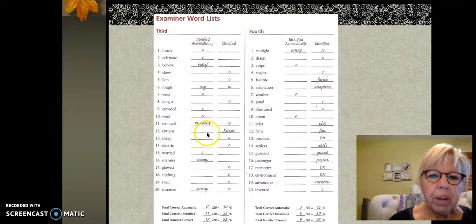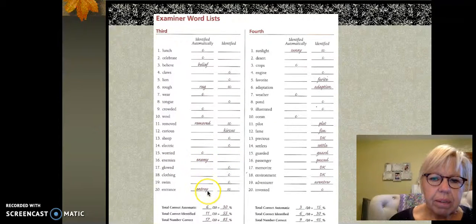Okay, curious. Again, the student didn't know it. Over here, the word they came out with was curcus, which is still wrong. Said enemy for enemies, did not do anything with that. Entree for entrance.